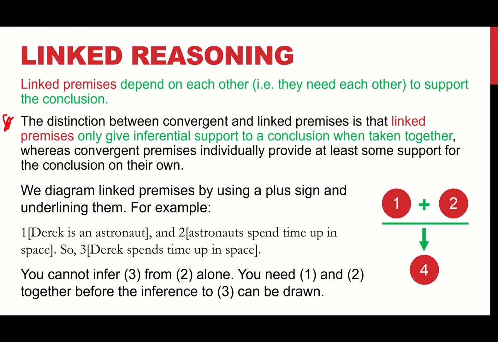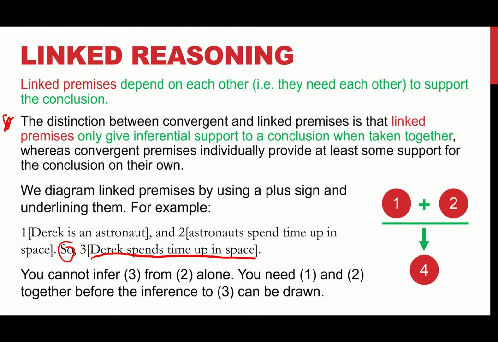So yeah, that's the conclusion, obviously. Statement 2, if I just came up to you and said, hey, did you know astronauts spend time up in space? Therefore, Derek spends time up in space. You'd be like, oh, okay, that doesn't make sense.